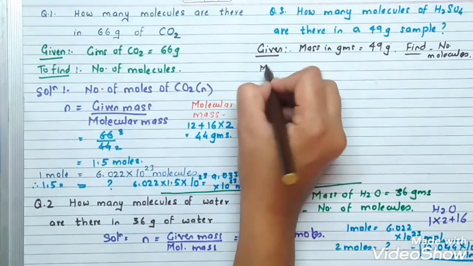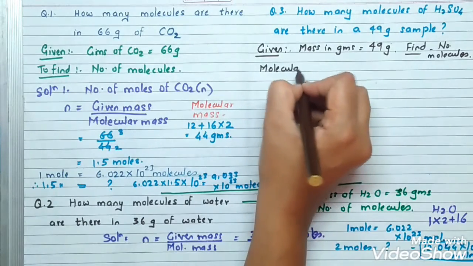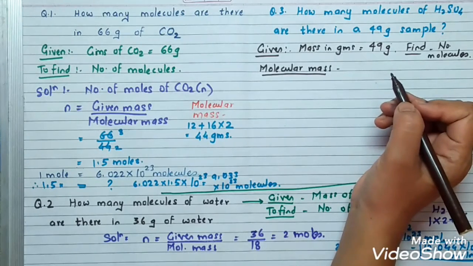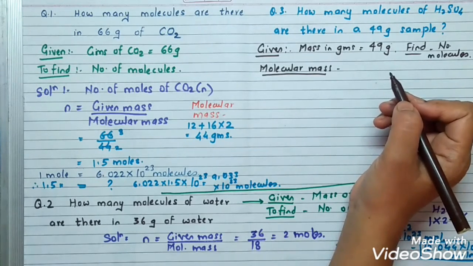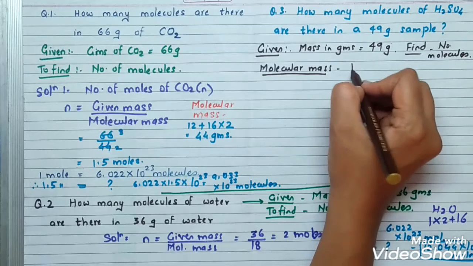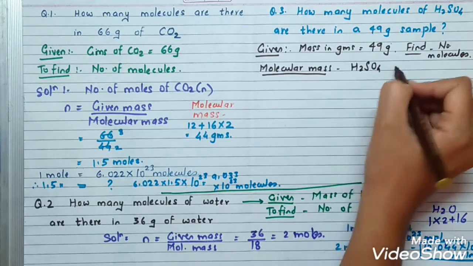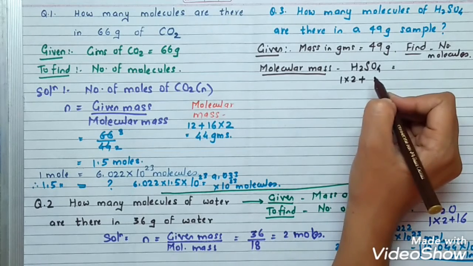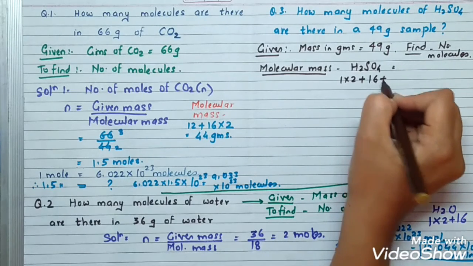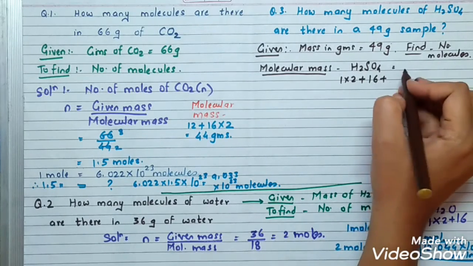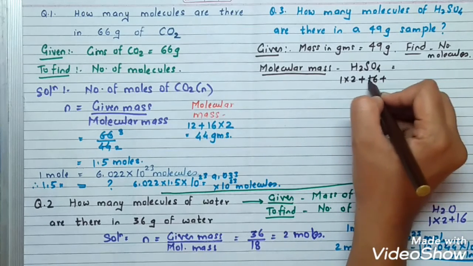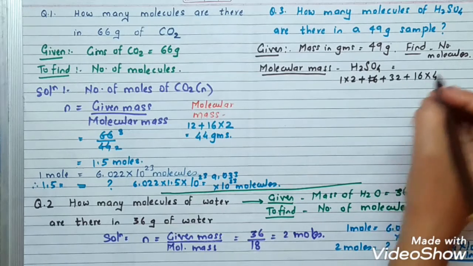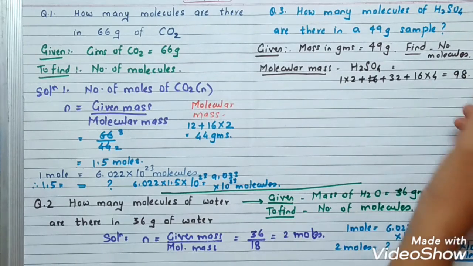Now let me show you how to find the molecular mass. The molecular mass of sulfuric acid, H2SO4, is 1 into 2 plus atomic mass of sulfur, 32, plus oxygen 16 into 4. This comes to 98.